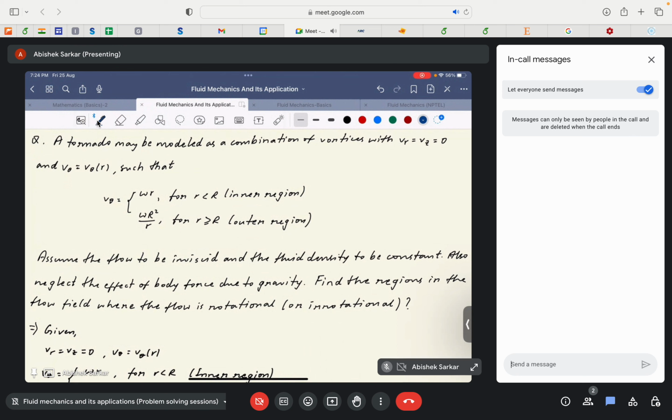Just for the sake of revision, I would like to write the Bernoulli's equation once again. It is given by P by rho g plus V square by 2g plus Z is equal to constant.